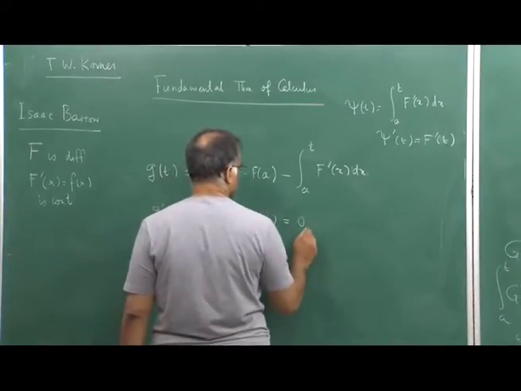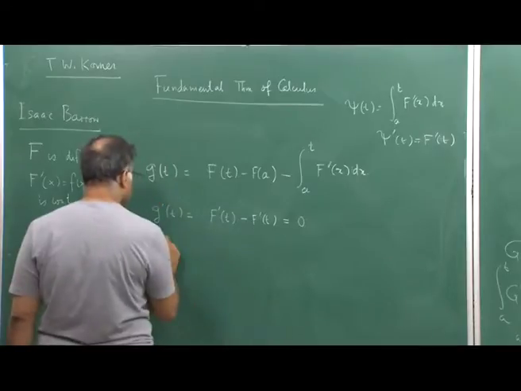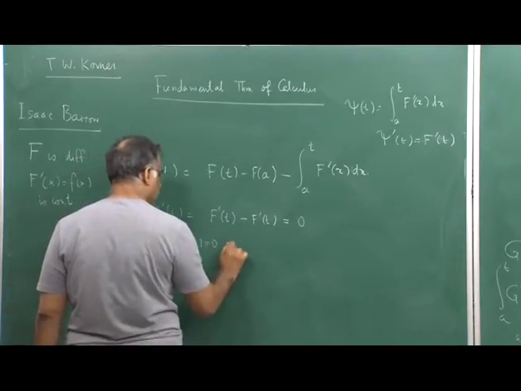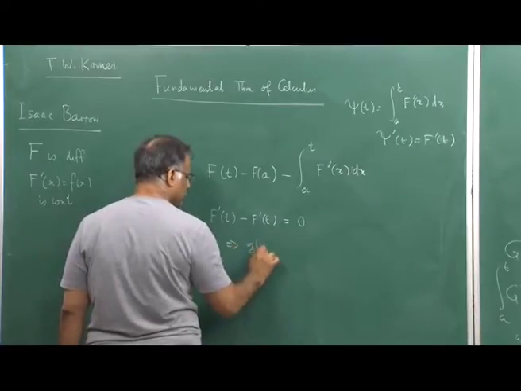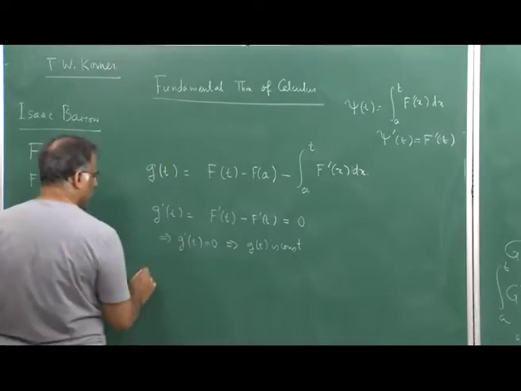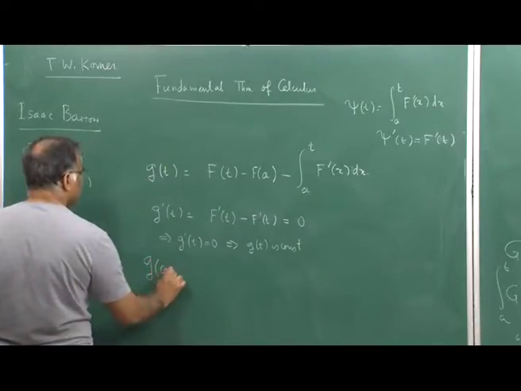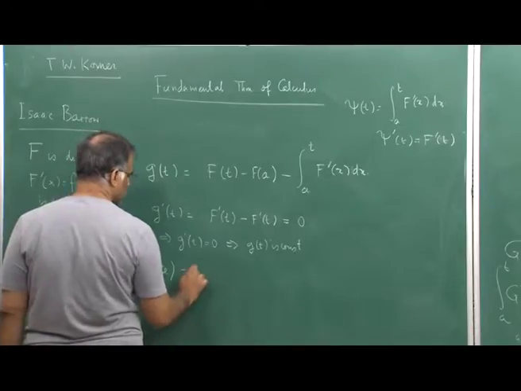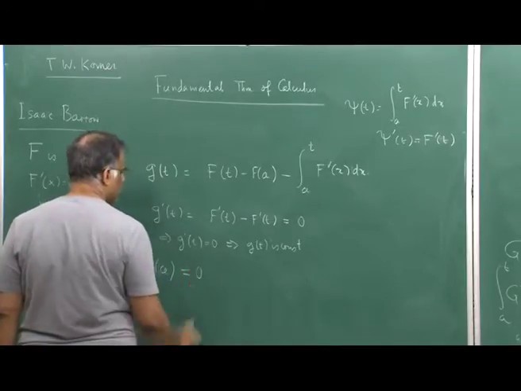So this is 0. So this implies g dash t is 0, and it implies that g of t is constant. Now calculate g of a. That will be 0.